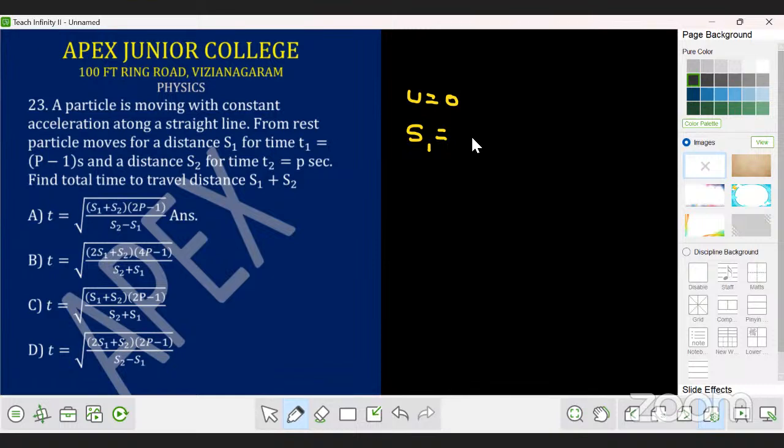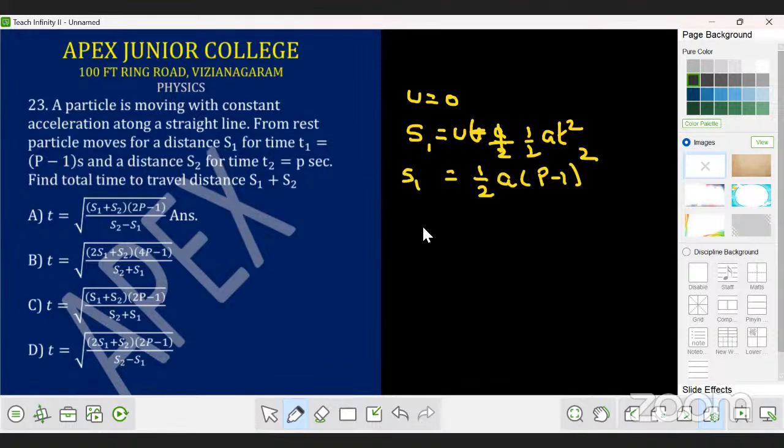For time clearly given, s equals ut plus half at square. I will do it like that. u is 0 only. So this will be half into a into p minus 1 whole square, that is s1.